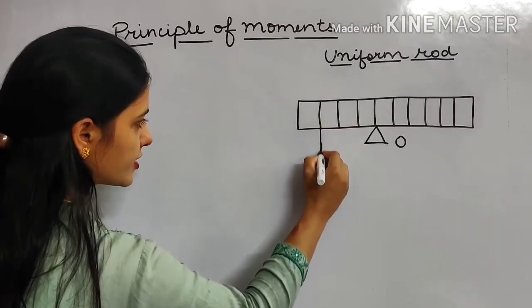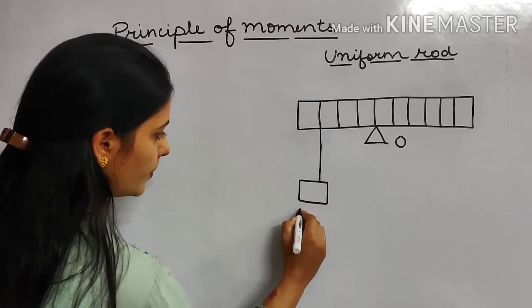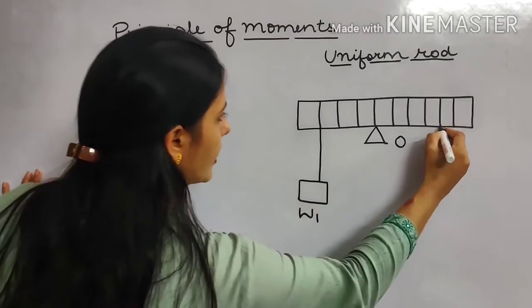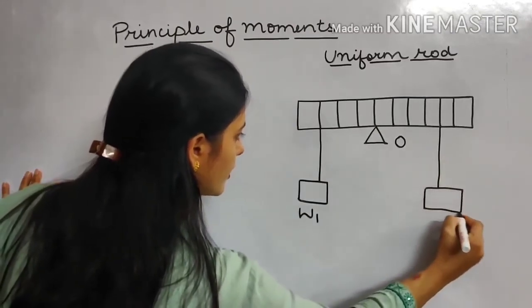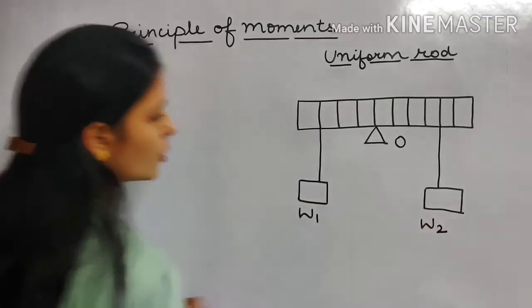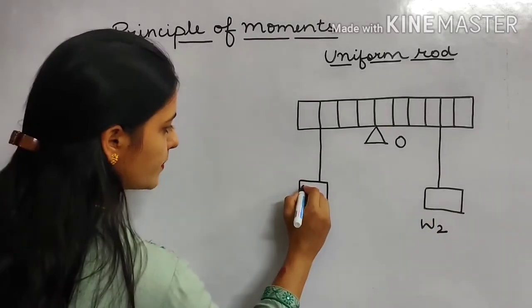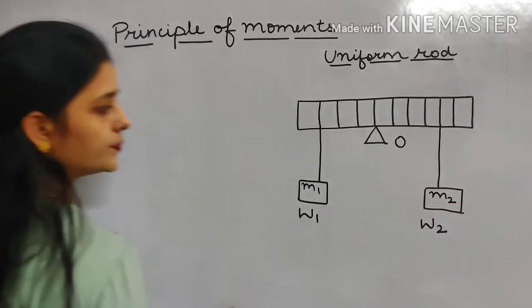Let two weights W1 and W2 hang from this rod. This is mass M1, this is M2.